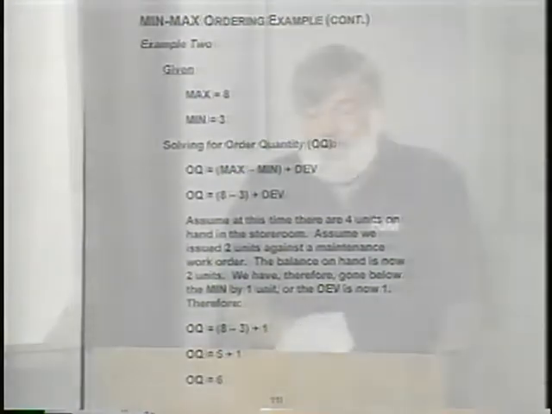So this really concludes the different illustrations of the formulas that are used in the inventory management program, defining the various elements that are found in the inventory management ordering matrix.